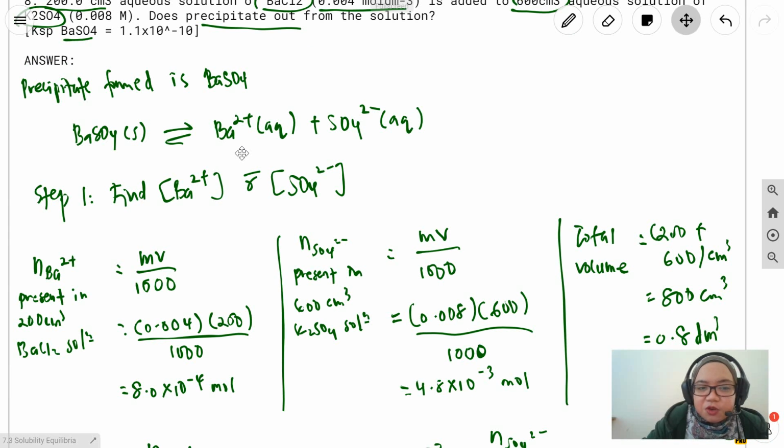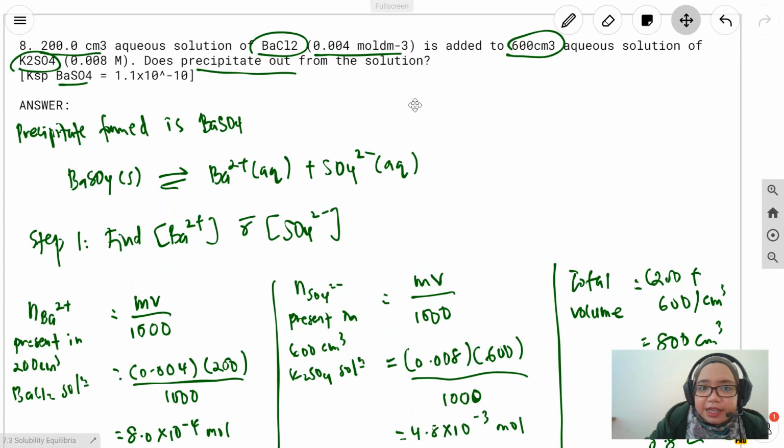So you nak cari Q, you kena tahu concentration of Ba2+ dan concentration of SO4 2 minus. Okay. Tapi disebabkan dia punya concentration dia bagi untuk BaCl2 dengan K2SO4 ni yang belum diorang mix lagi. So maksudnya kita kena cari concentration yang baru selepas diorang mix. Sebab apa? Total volume dah berubah.